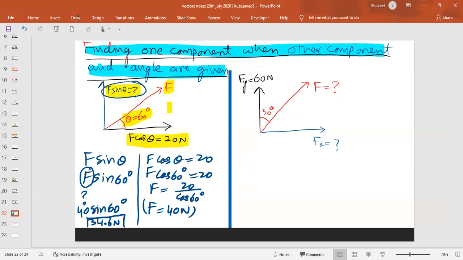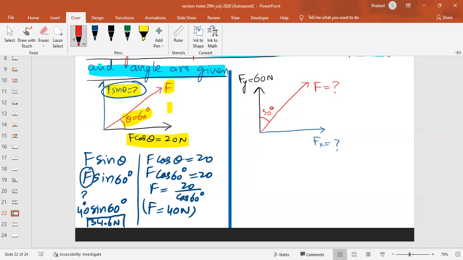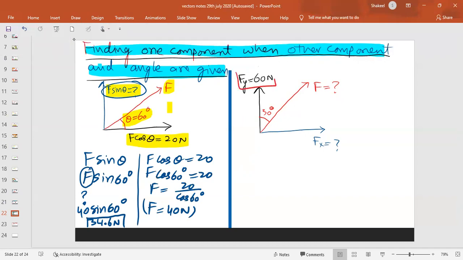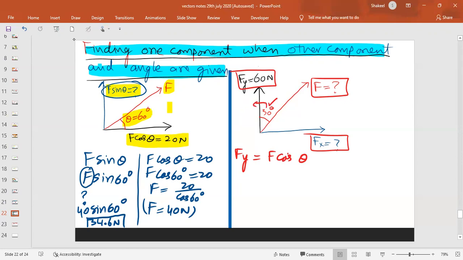Now, going to the second question over there, Fy is given and the angle is given and you have to find F and you have to find Fx. So now you know that Fy is F sine theta over there. No, it's not F sine theta. It's F cos theta. Why? Because this is adjacent to the angle, and adjacent to the angle is always cos.